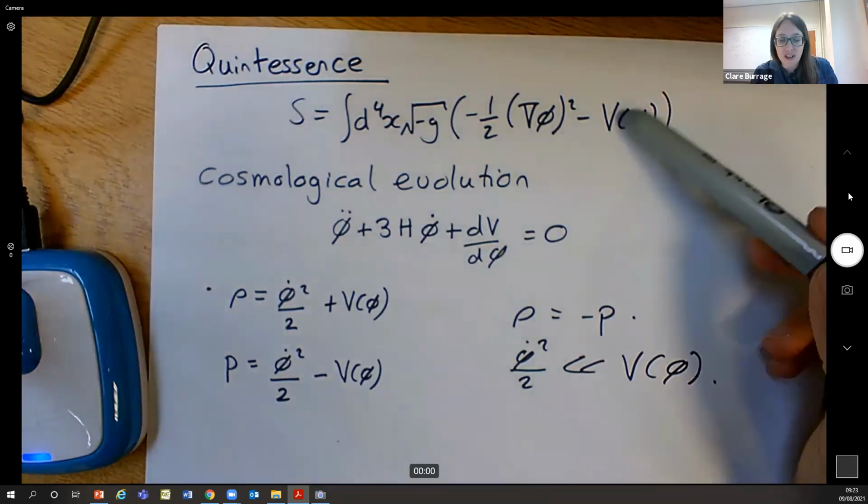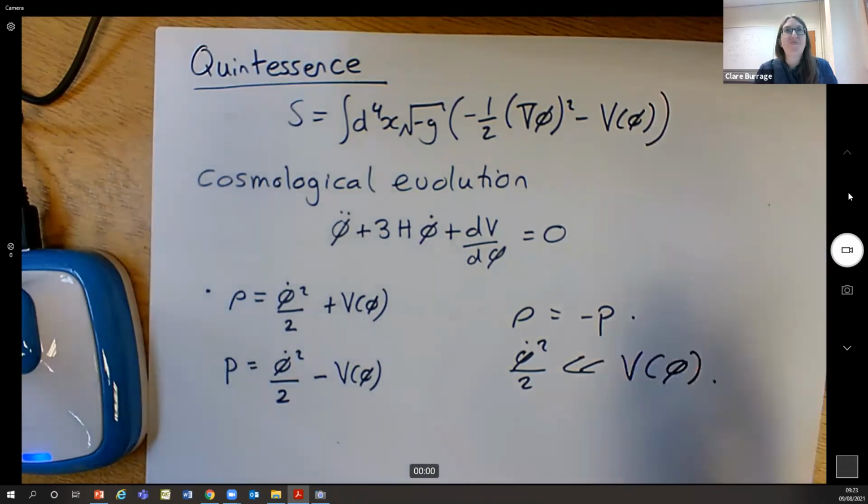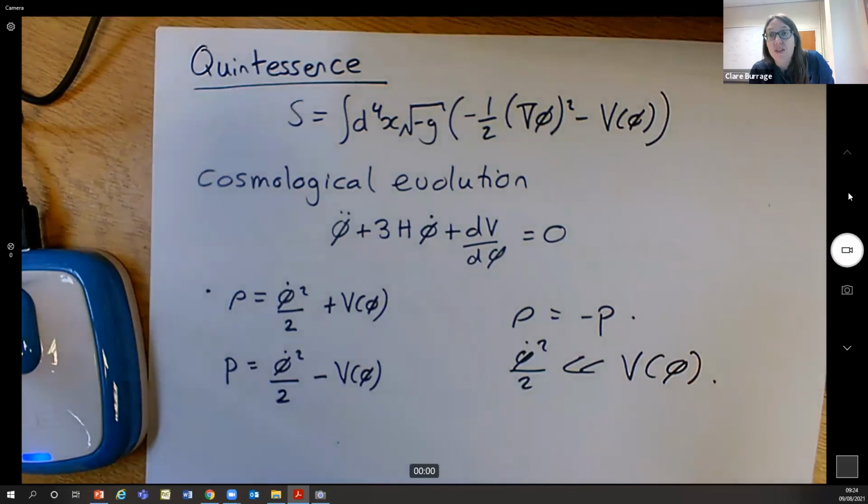As you can see, we've introduced a V of phi that's going to have exactly this problematic contribution to the cosmological constant. Quintessence models answer the question, why is the cosmological constant not 0? They don't really answer, why is it not enormous?